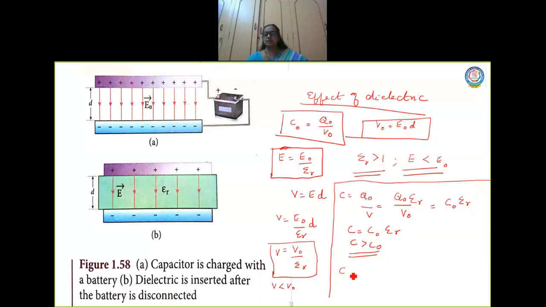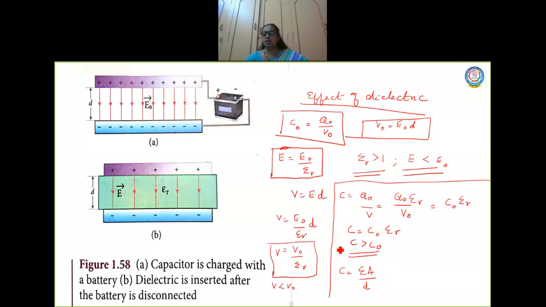Now, how can I write epsilon R? This is going to be a medium. So I can write the capacitance of a parallel plate capacitor in a medium as epsilon A by D. Yesterday itself I told you this. If it is air medium, C is equal to epsilon naught A by D. If it is some other medium, it is epsilon.